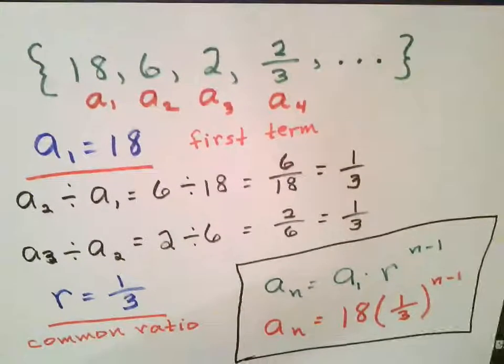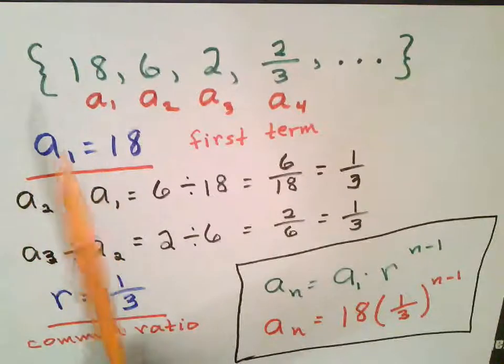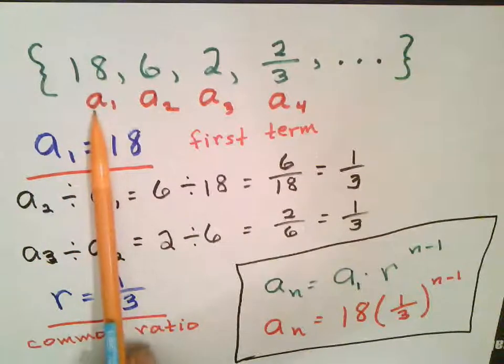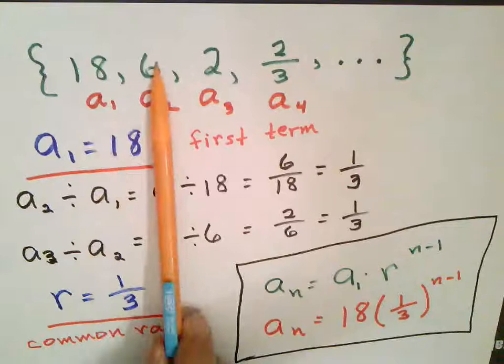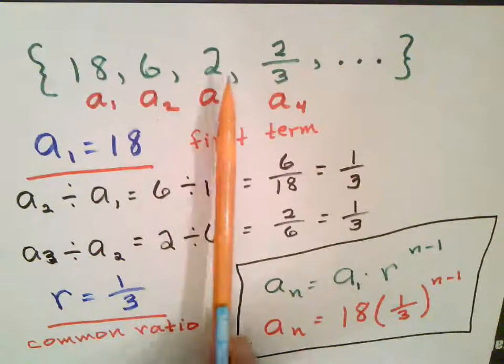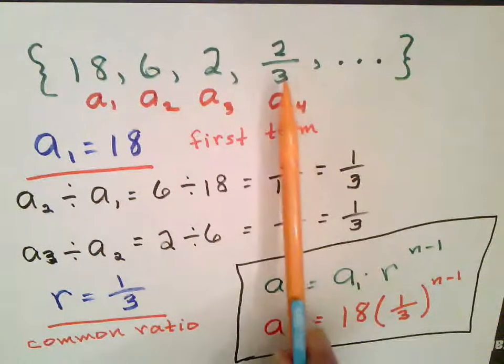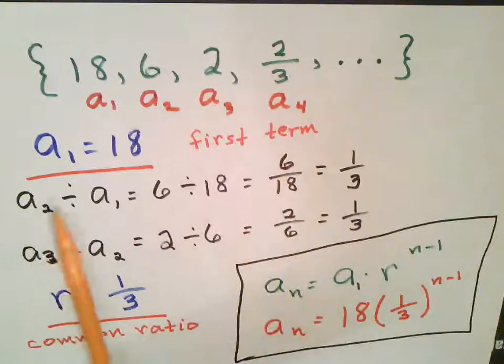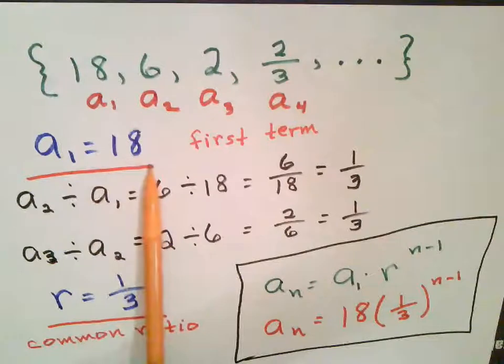Let's look at another example. For this geometric sequence, the a sub 1 term is 18, the a sub 2 term is 6, the a sub 3 term is 2, the a sub 4 term is 2/3. Well, the first term, the a sub 1 term, is 18.